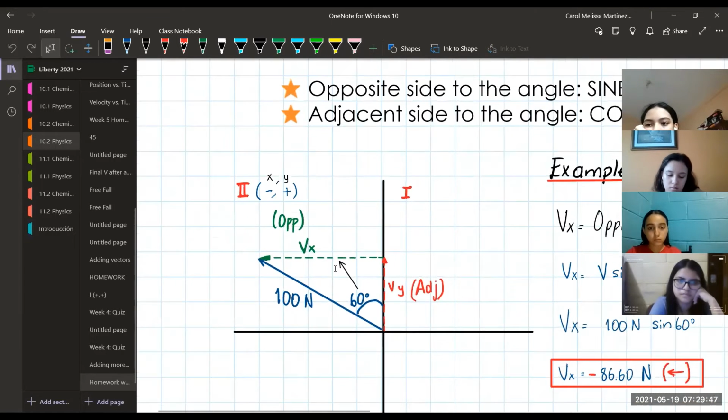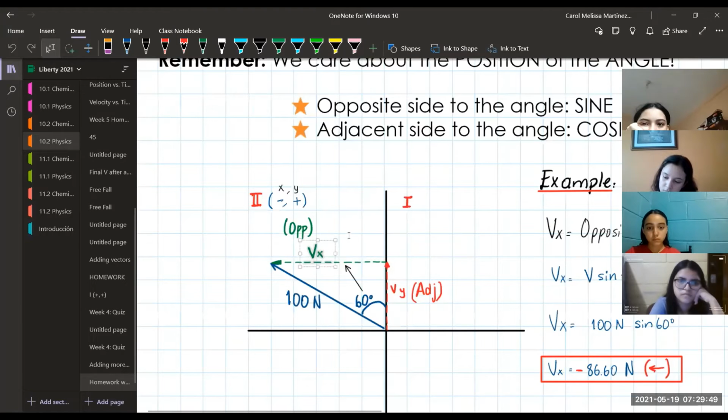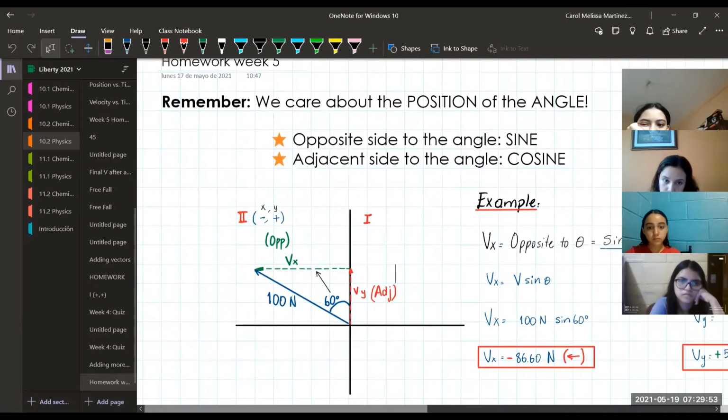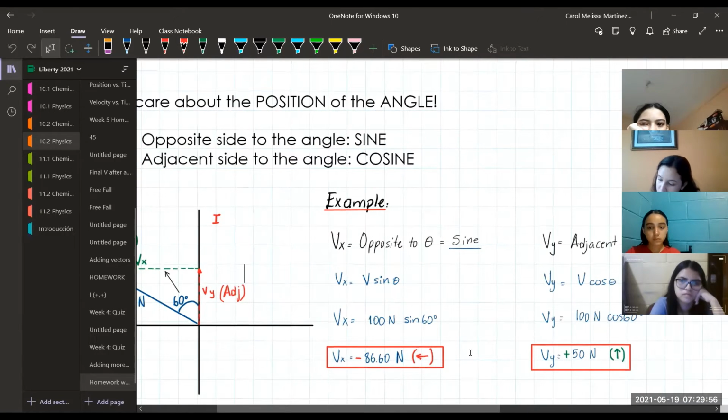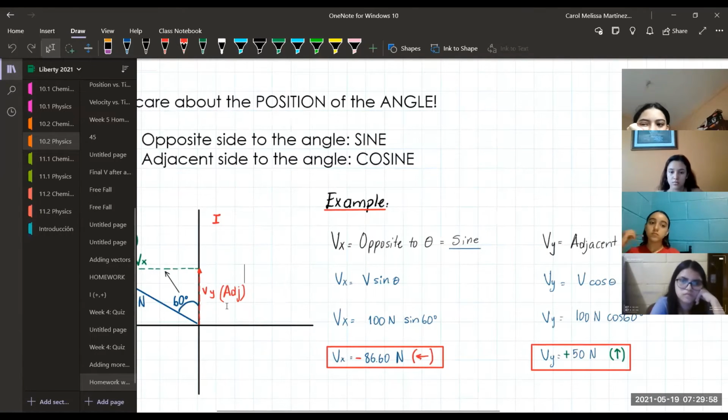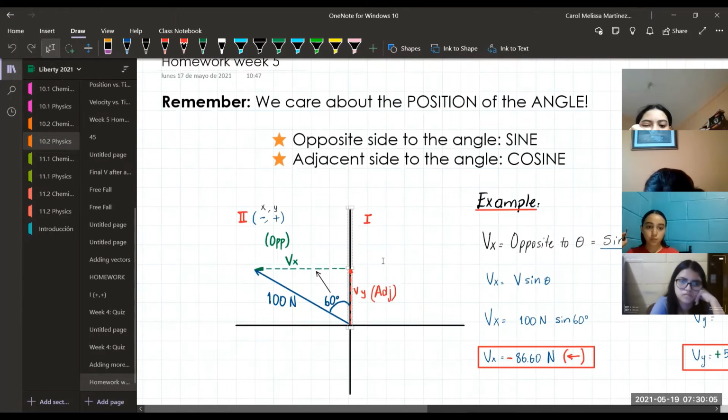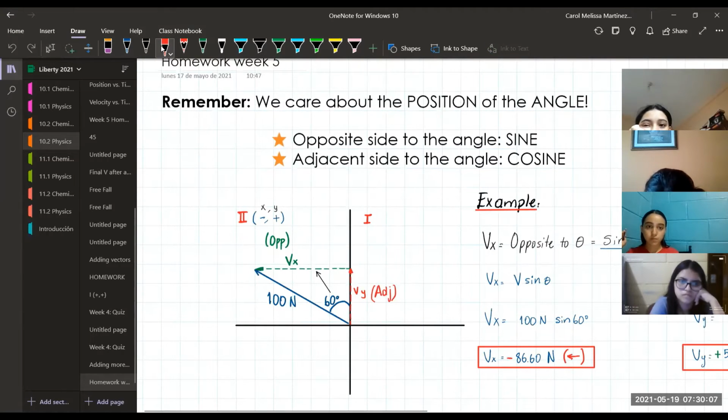So in the end, your x component is actually opposite, which means that you have to use the sine. You can do the procedure like this when you have angles with your y-axis, or you can use the normal trigonometric functions by just getting this angle and using the normal functions that we use. That will be up to you.